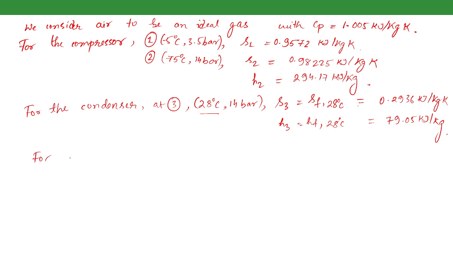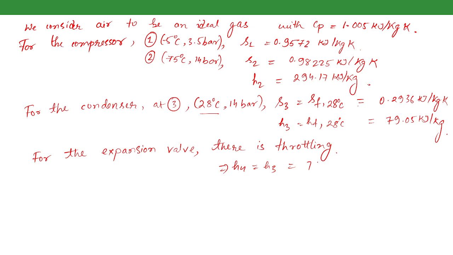Now for the expansion valve, there is a throttling process, and we have essentially shown in our previous classes that for a throttling process the enthalpy remains constant. So H4 will be equal to H3, that is 79.05. Okay.